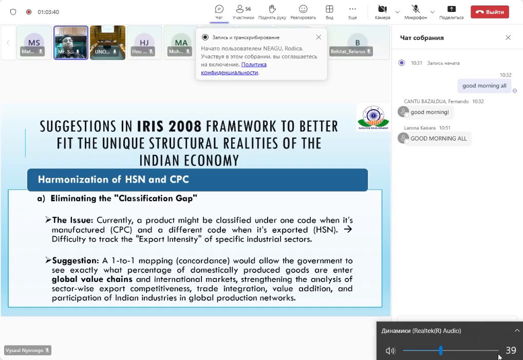The suggestion is that a one-to-one mapping, if feasible, would allow the government to see exactly what percentage of domestically produced goods are entering global value chains and international markets, strengthening the analysis of sector-wise export competitiveness, trade integration, value addition, and participation of Indian industries in global production networks. These are critical and important issues in the Indian economy, and my humble submission to the task team is that they may be taken into consideration in due course of time. Next.